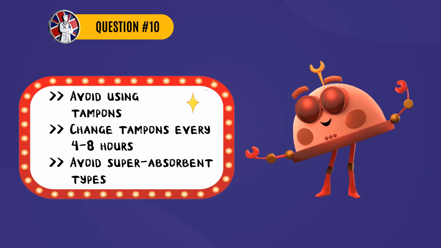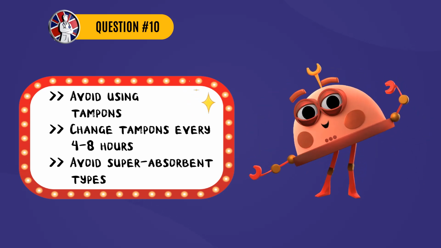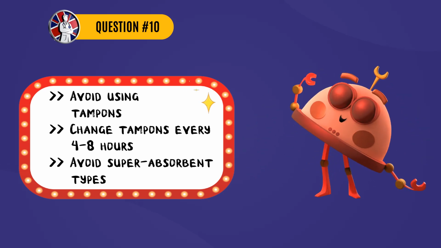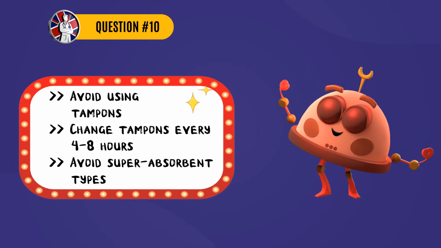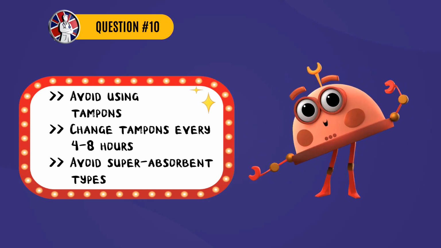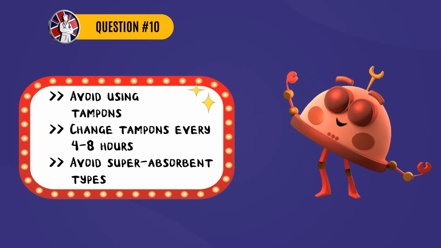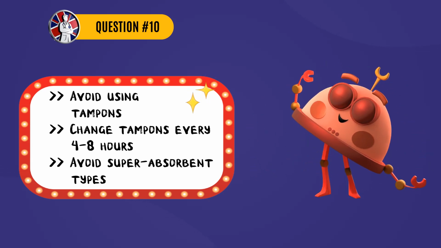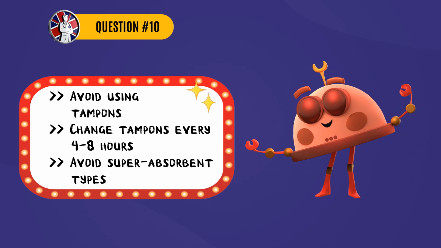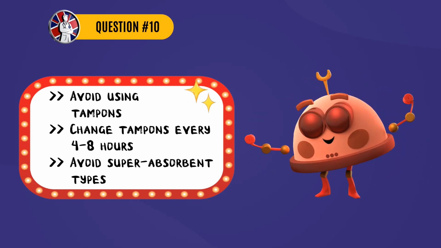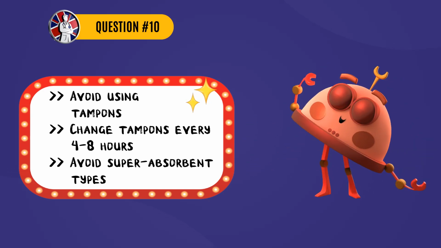Opt for low absorbency tampons rather than super absorbent varieties. For patients with a history of recurrent TSS, the most effective preventive measure is to abstain from using tampons entirely. Prolonged tampon usage has been associated with an increased risk of toxic shock syndrome. In alignment with NICE guidelines, low absorbency tampons combined with regular changes are advised.